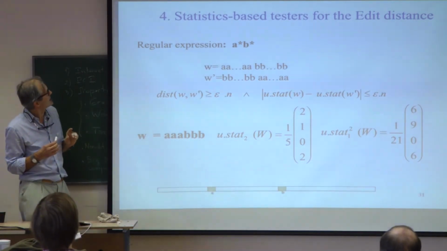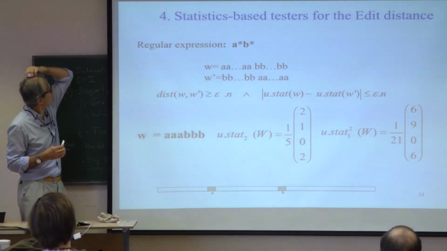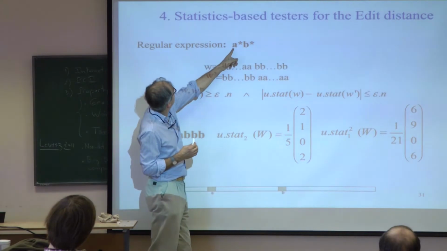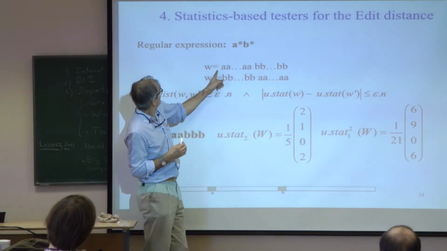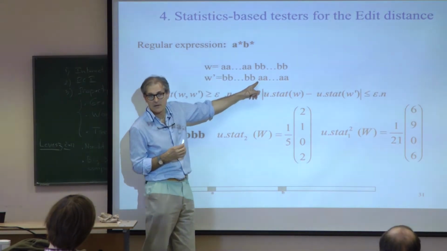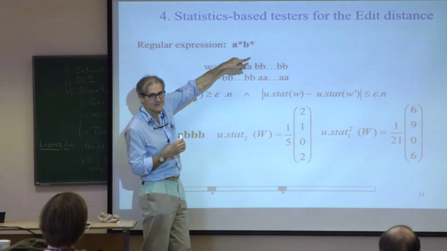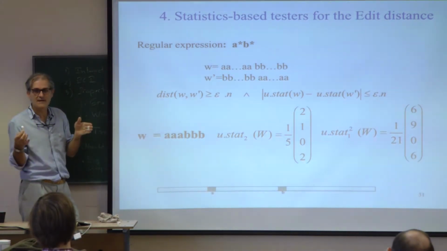So how could we generalize the approach to edit distance? Imagine you have this regular expression, A star B star. Now take two words: this one is in the regular expression, this one is far, because you have to raise B, so it's far for the edit distance, but it's close for the edit distance with moves. One move corrects it.